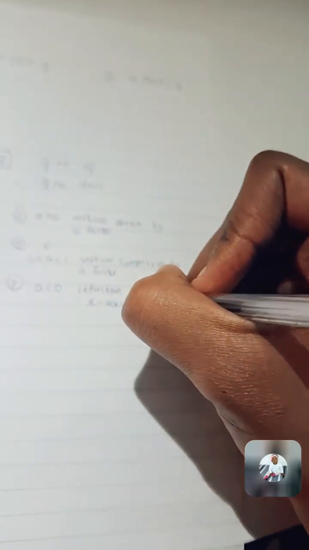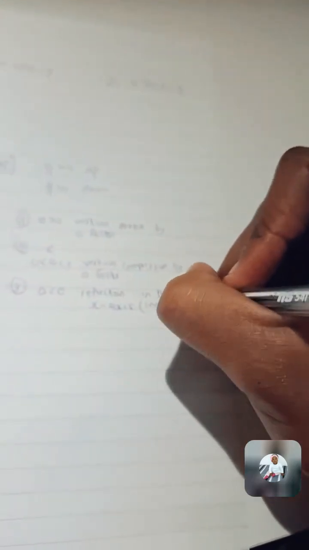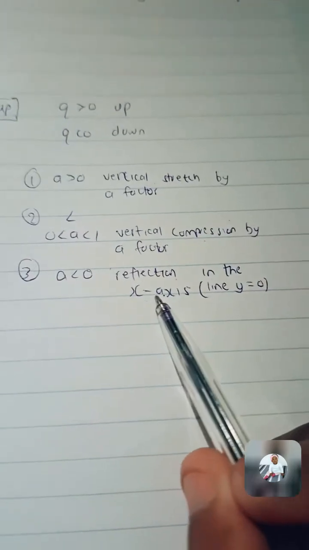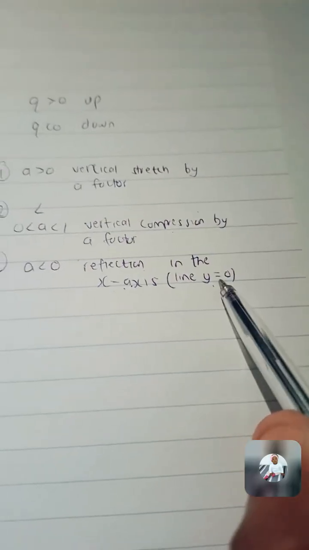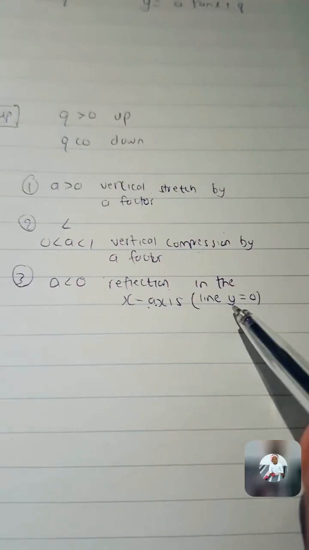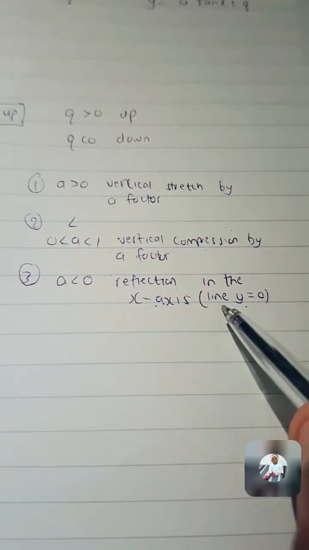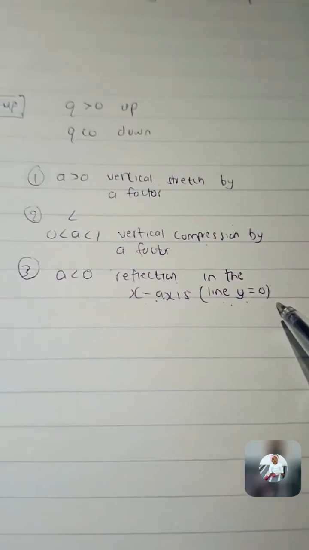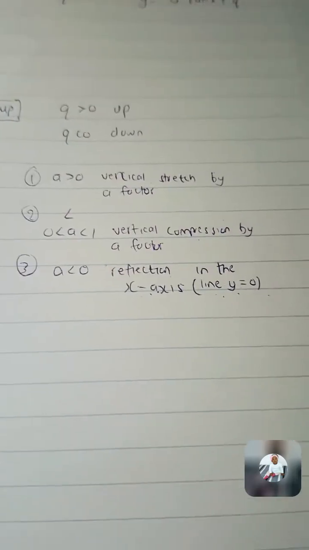In other words, sometimes we can even say reflection along the line y is equal to 0, because remember, the x-axis is the line y is equal to 0. And oftentimes kids know that it's reflection in the x-axis, but they tend to not know it when they are saying reflection in the line y is equal to 0. The line y is equal to 0 is the x-axis.